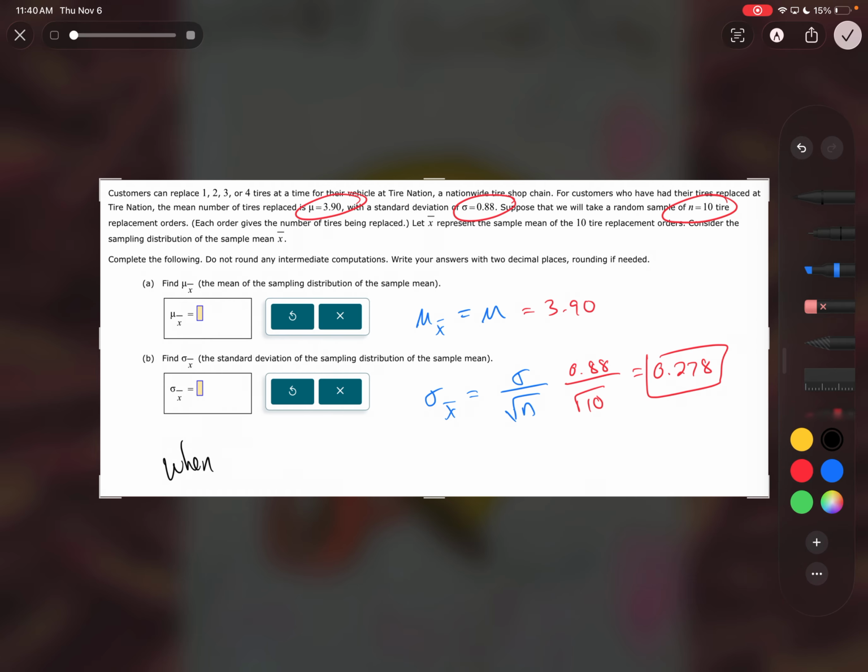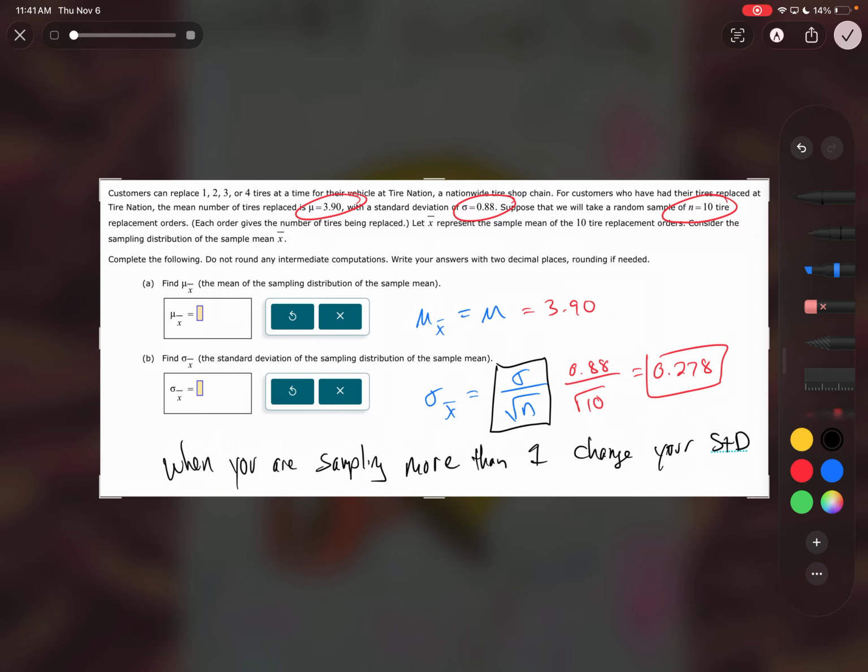And when you mix all these problems together, when you are sampling more than one, you change your standard deviation, okay? Your mean's not going to change because all my water bottles should be around 500 milliliters, but your standard deviation is going to change, and you use this formula right here, okay? The standard deviation divided by the square root of n. Everything else is exactly the same as what we just did.